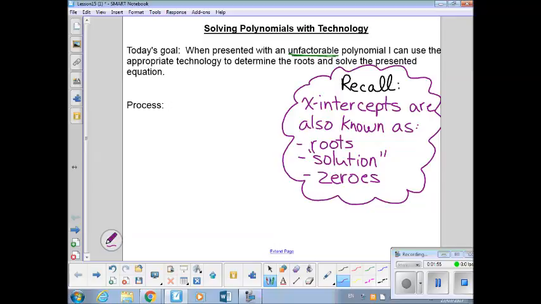For the most part, it's pretty straightforward. So the first step, obviously, I'm just going to put the word Desmos so you know that's what we're going to be using. If I was asking you to solve with technology on a test, I would expect that you would have access to Desmos. So the first thing we would do is enter the equation into Desmos.